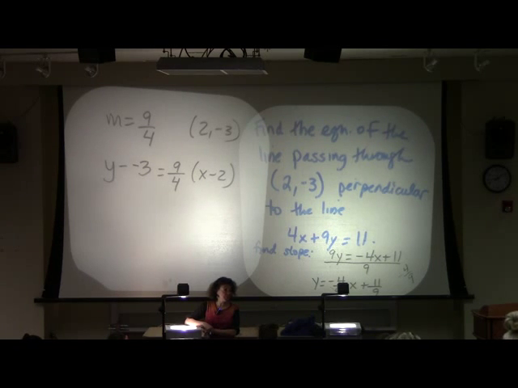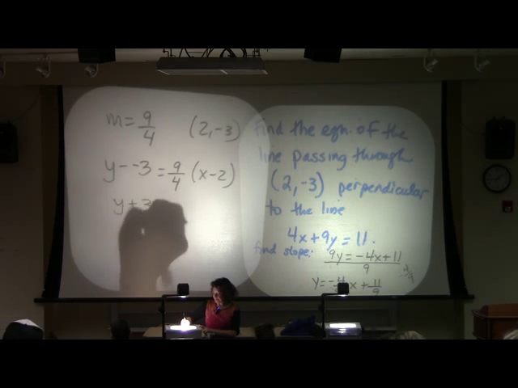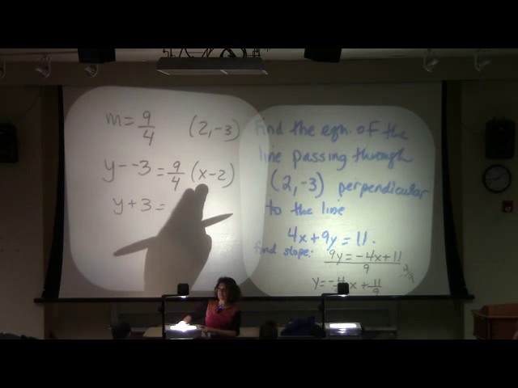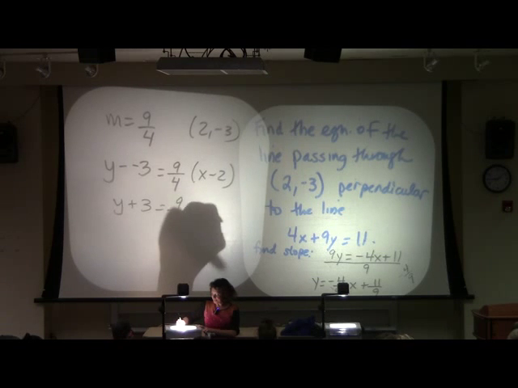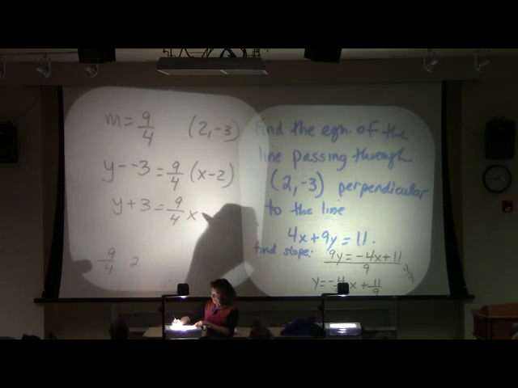You guys with me this far? All right, minus the negative is plus a positive. You ready? 9/4 times x is 9/4 x. All right, we have 9/4 times a negative 2.